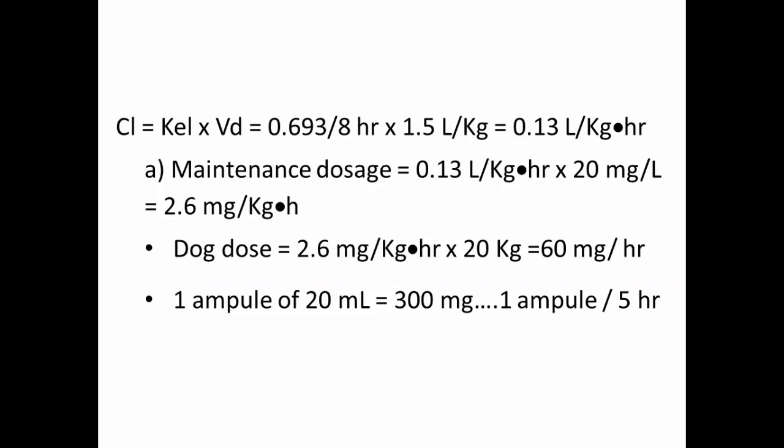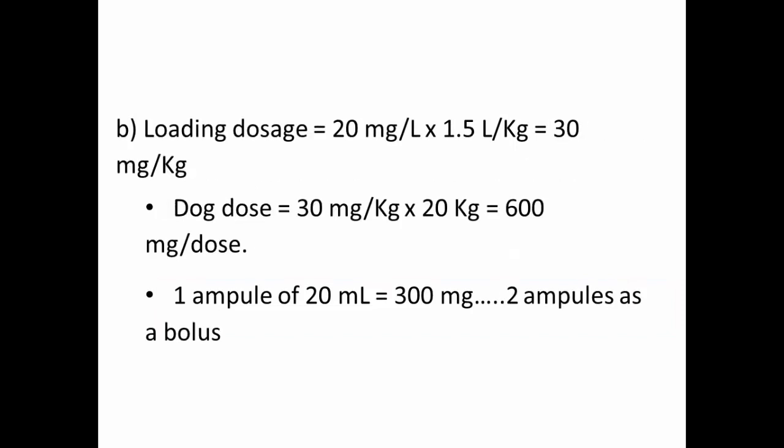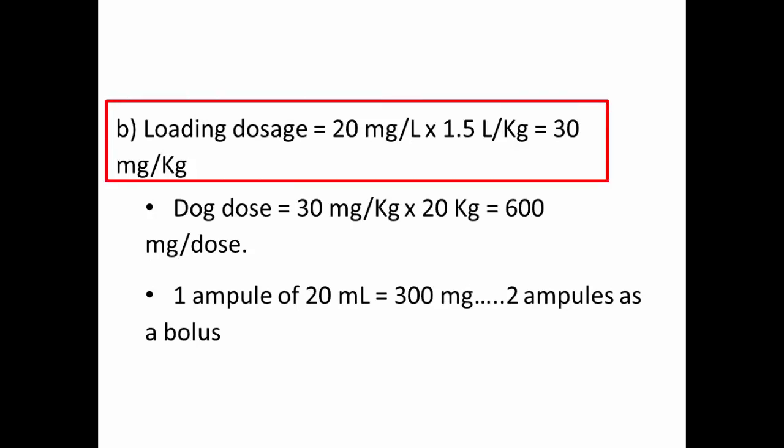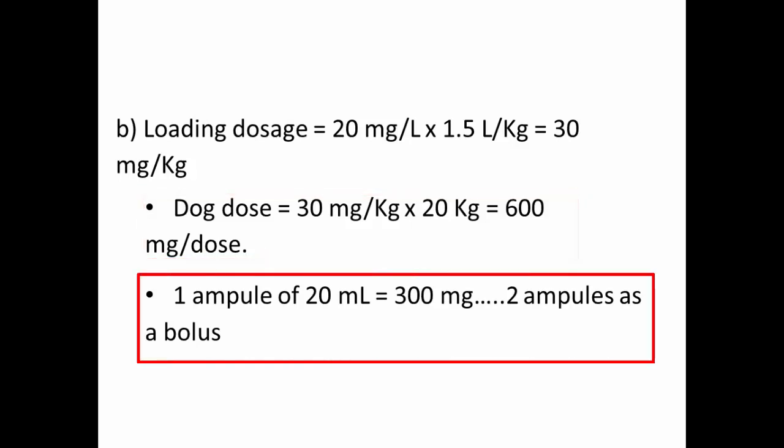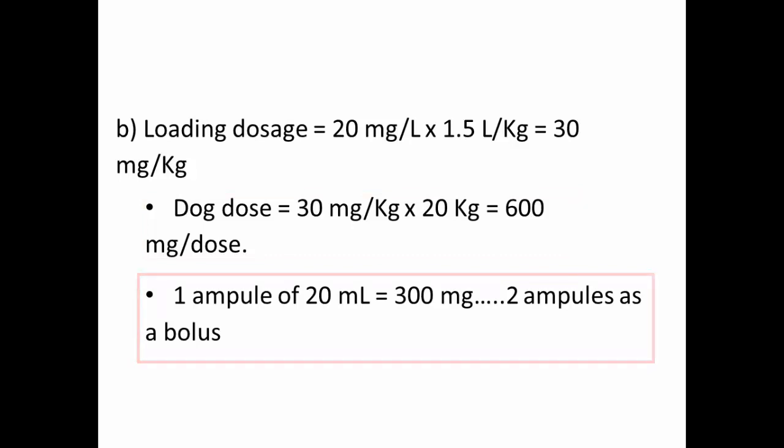Now, with regards to the second question, the loading dose, all we need to do in this scenario is multiply the desired concentration of 20 milligrams per liter by the volume of distribution, and that will give us 30 milligrams per kilogram. And when that dosage is multiplied by the body weight of the dog, it should receive a total dose of 600 milligrams, which basically corresponds to 2 ampules of 300 milligrams each, given as a bolus.